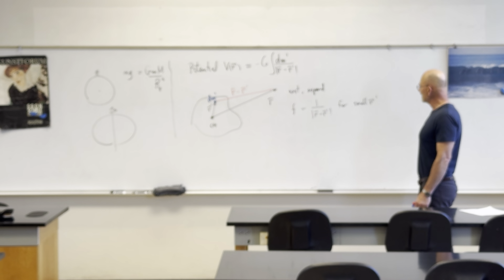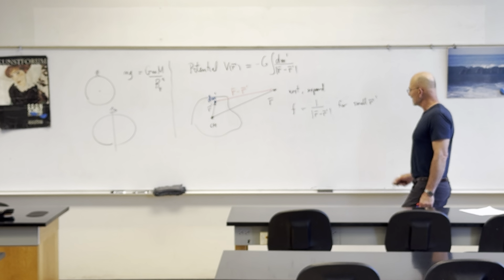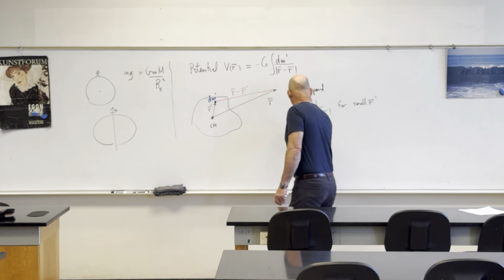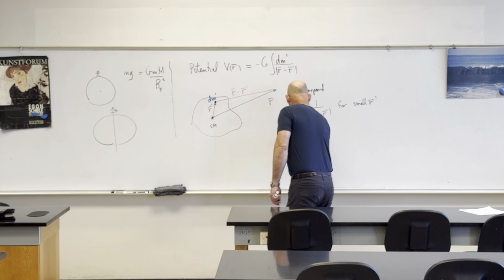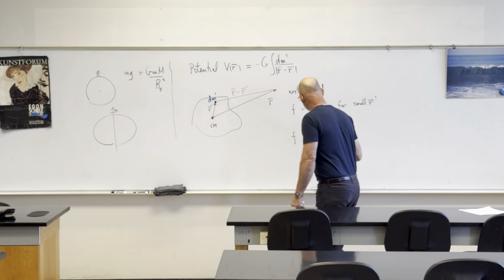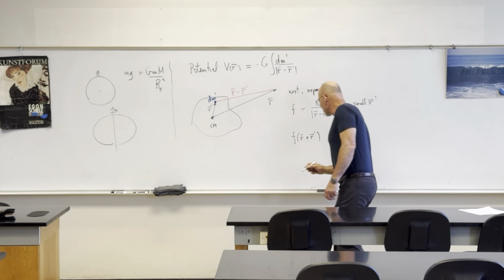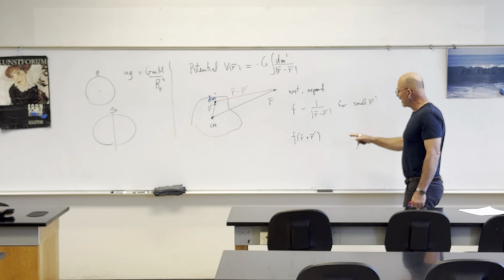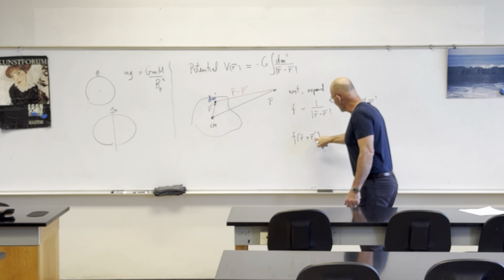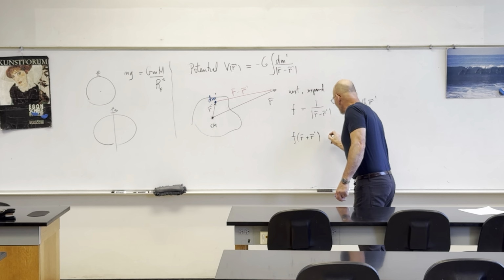So here the question is, how do we do this expansion? And what I'm going to do is, this is something we've been doing in math methods. Suppose I had f of r plus r prime. And I'm going to expand around these small quantities being 0.